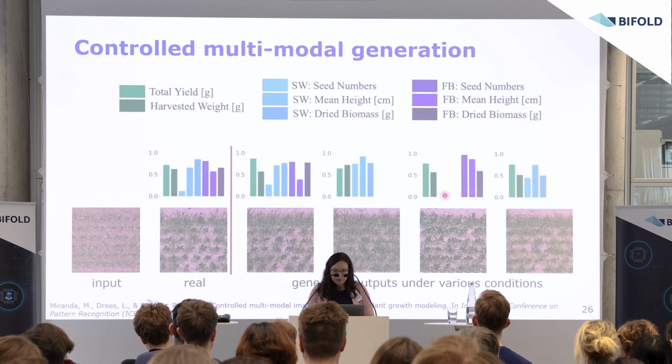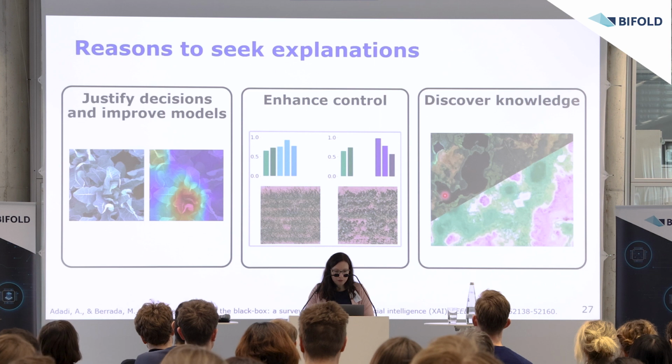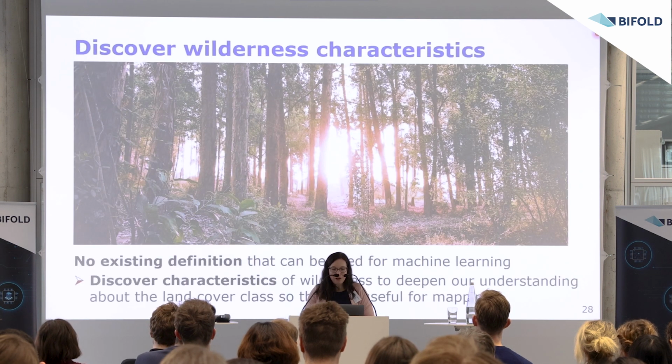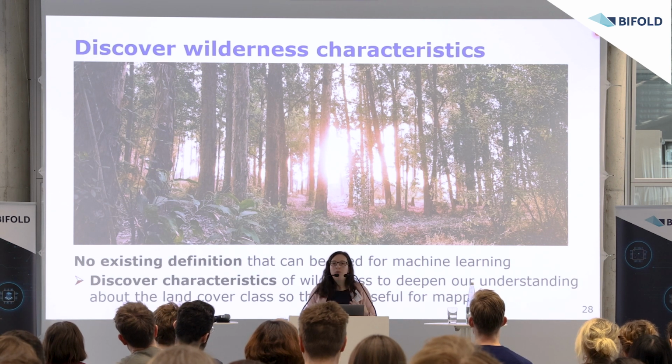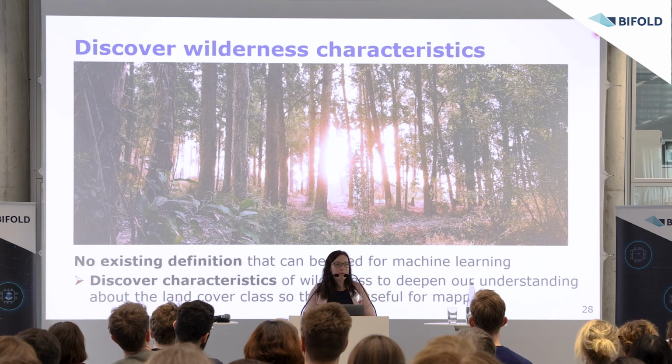Okay, but let me go to the last example, which is one of my favorite topics right now on my team. Here, we want to do a worldwide mapping of wilderness. The problem is there's no technical definition of wilderness.